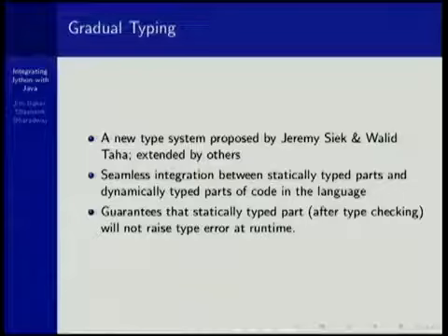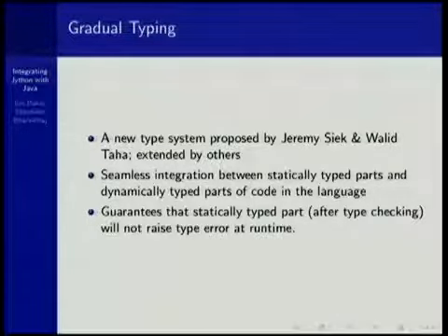They originally introduced the dynamic type in a static language. The good part is it also provides this guarantee that if the statically typed part of your language type checks correctly, then you will not have type errors at runtime.